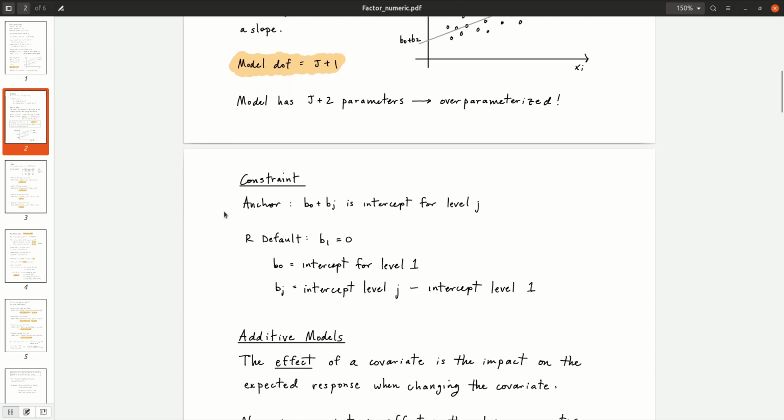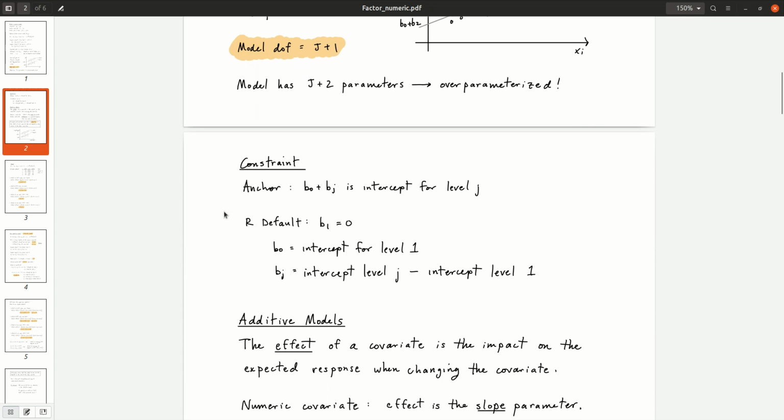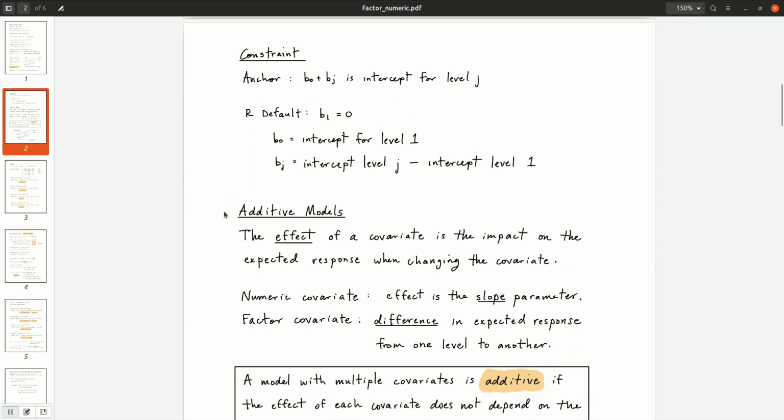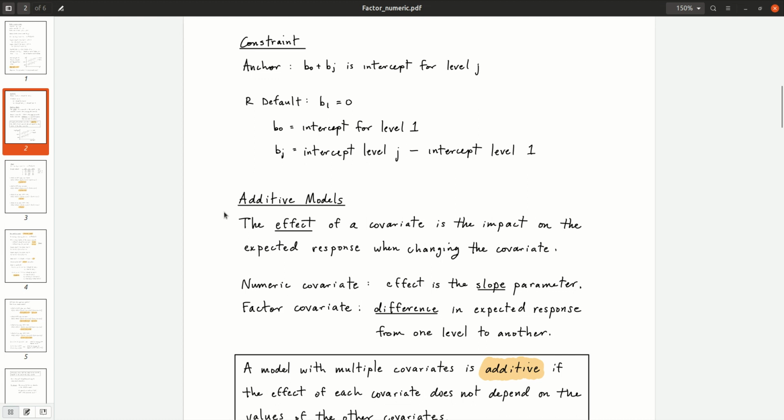Now, just like in the one-factor model, when we have an over-parameterized model, when we go to fit the model, we need to impose some kind of constraint. So this is a case where there's one extra parameter, so we need one constraint. Before we go into looking at a specific constraint, let's remember our anchor. Our anchor is that B0 plus Bj is always going to be the intercept for level J. If you remember back to the one-factor model, our anchor was that B0 plus Bj is the expected value for level J. Here in the factor numeric model, this is going to change.